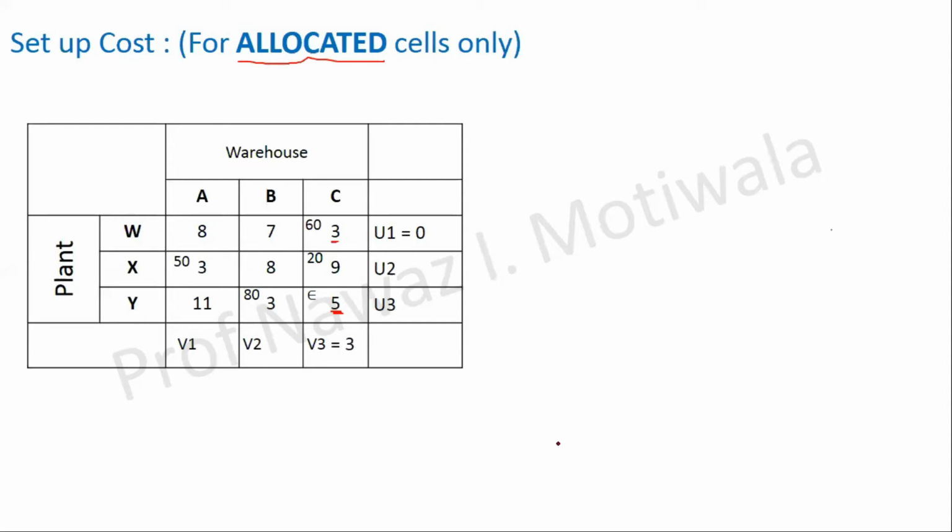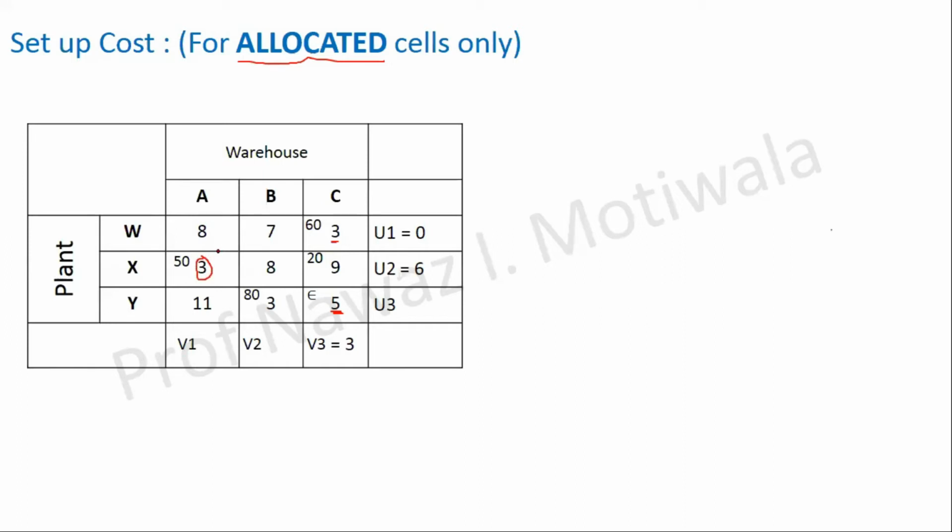Now again, at this position of 9, what will be the equation? U2 plus V3 should give you 9, out of which V3 is already 3. So what will U2 become? U2 will become 6. Now come to this allocated place.